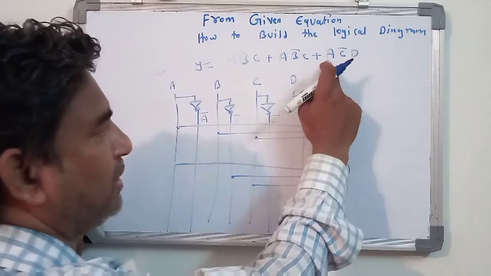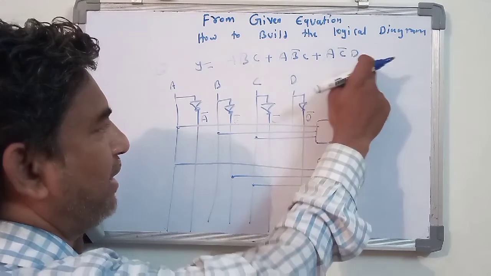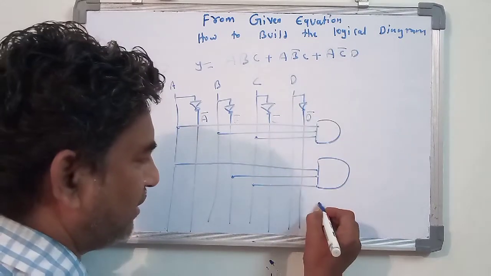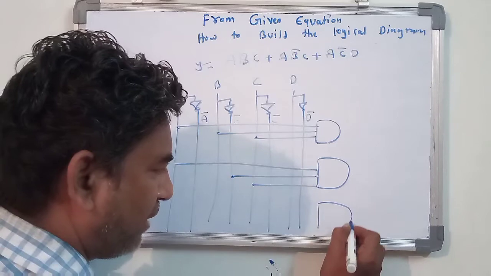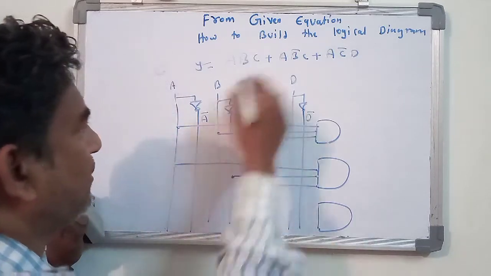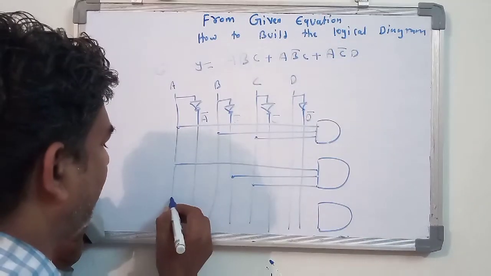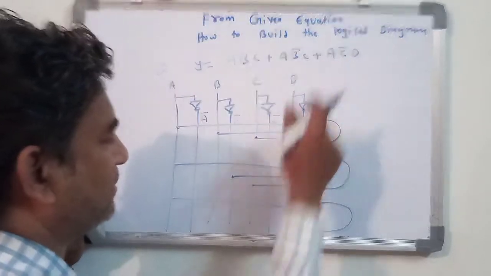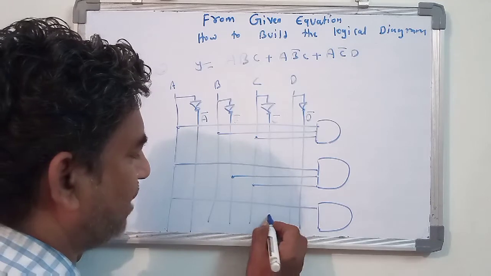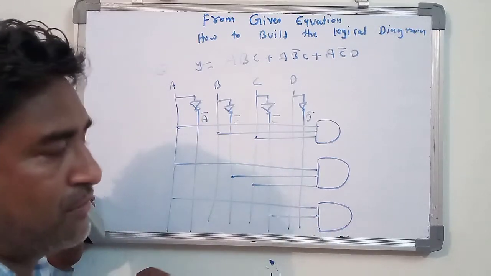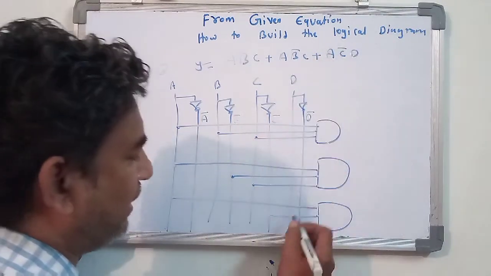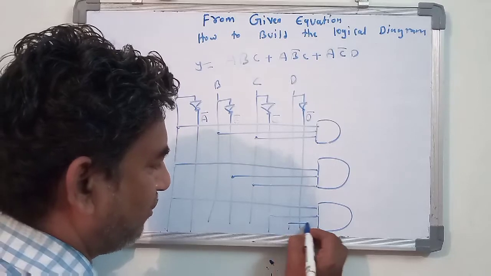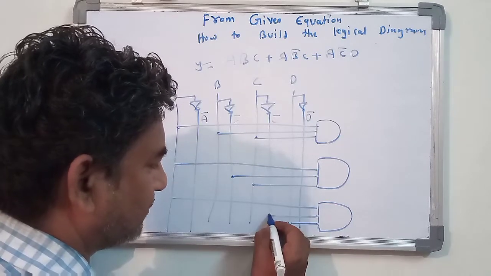Okay, then the third term, A, C bar and D. Again an AND gate is required, so we draw the AND gate for A, C bar and D. The A line is connected to the input, then the C bar, this line is the C bar, so we connect this one. Then the simple D, this is the D, we connect it like this.